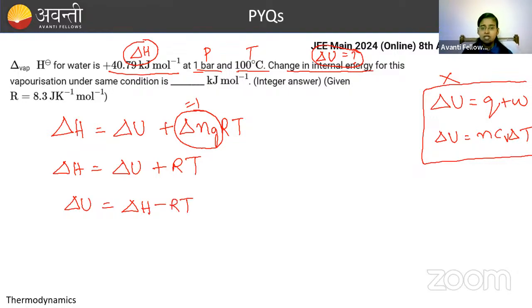So now you substitute the values. What is the value of delta H given in the question? It is 40.79 kilojoule. Kilojoule means you have to represent the answer in terms of kilojoule only, but the R value is given in terms of joule. We cannot change the R value, right? But we can change the delta H. So multiply this by 10 to the power 3.